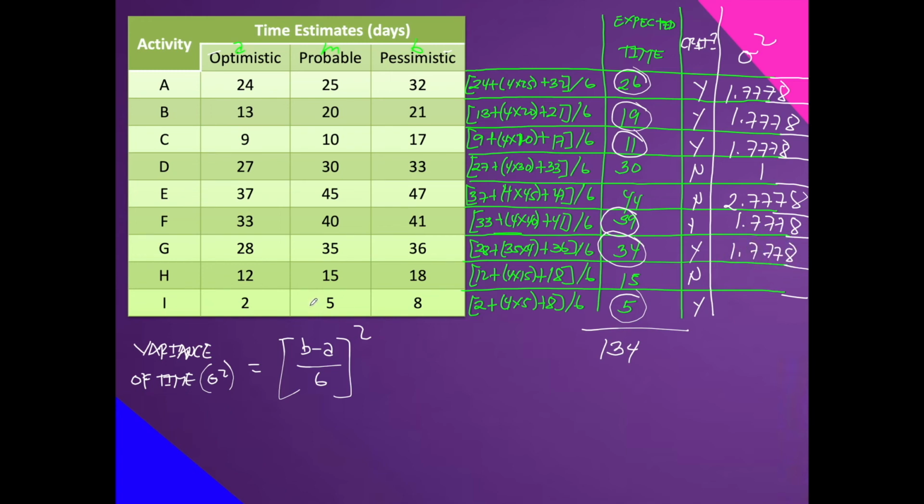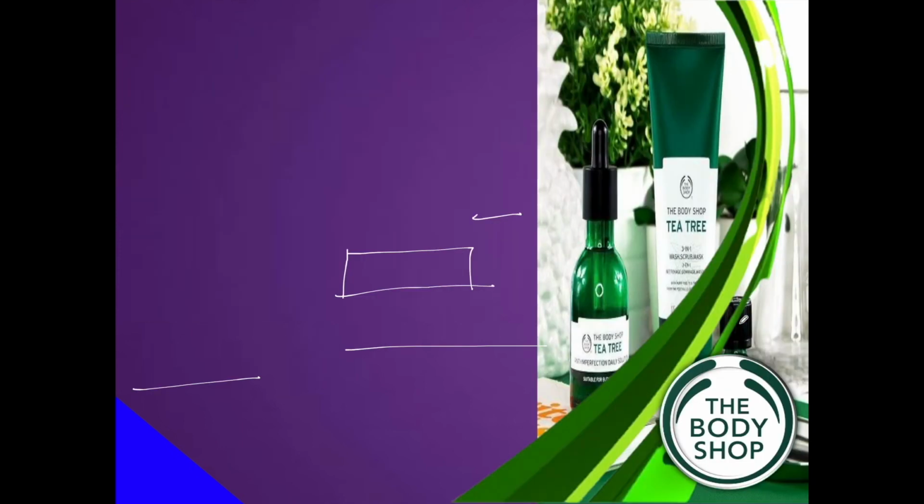Next, activity H, we have 18 minus 12, that is 6 over 6, that is 1 squared is 1. Okay, activity I. Activity I, pessimistic 8 minus 2, that is 6 over 6, that is 1 squared, 1 also.